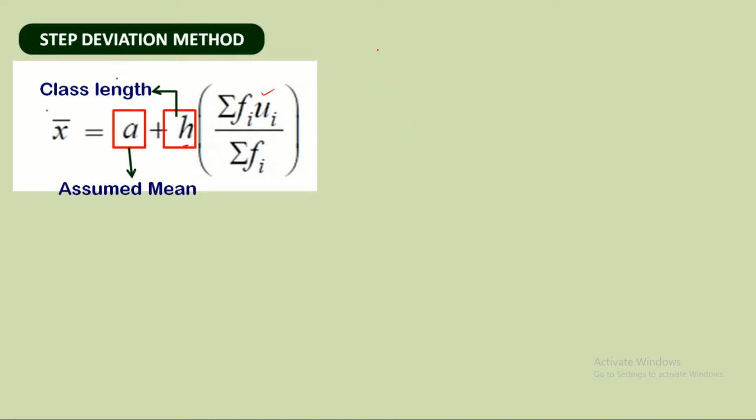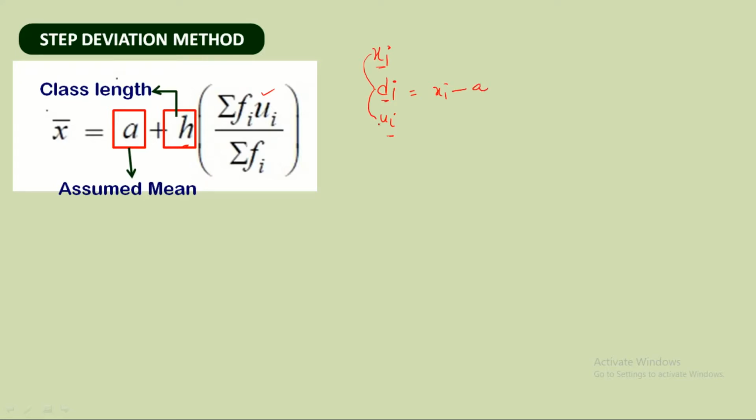Instead of xi from the direct method, we changed to di in the deviation method. Now it is ui in the step deviation method. That means we are simplifying from method to method. You can see in the first case it is xi, and in the second case it is di, where di equals xi minus a.